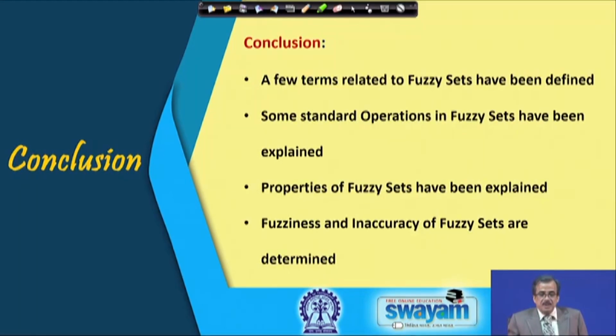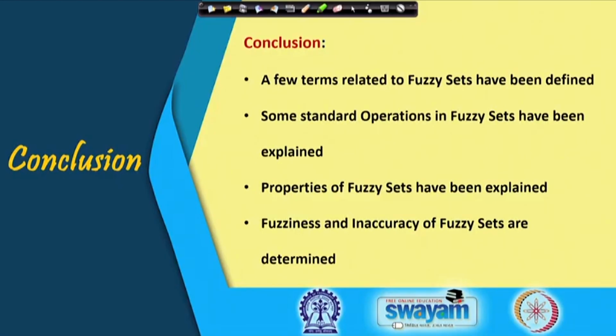1995. Now, just to summarize quickly, till now we have discussed a few terms related to fuzzy sets. Some standard operations on fuzzy sets have been discussed in detail, and after that the properties of fuzzy sets.